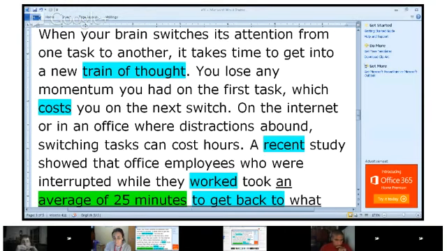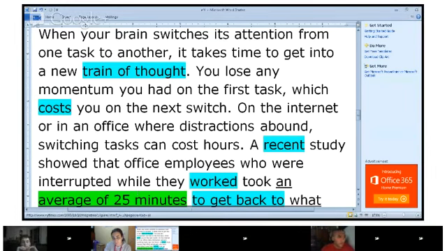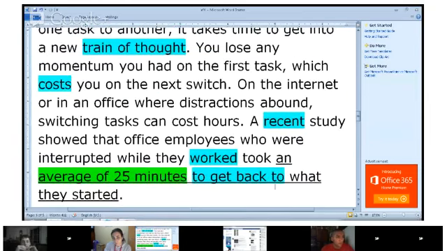I think when you are working on something and something distracts you, it takes a little time to recover that focus. Yes. Okay. To get back to what you were doing. All right.